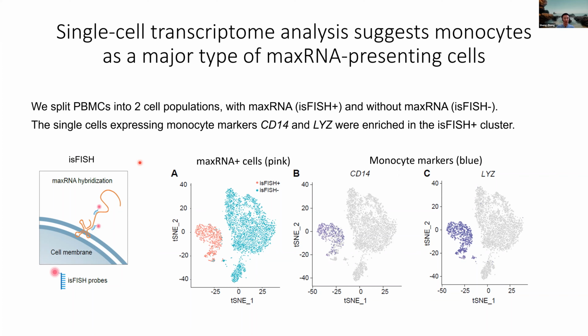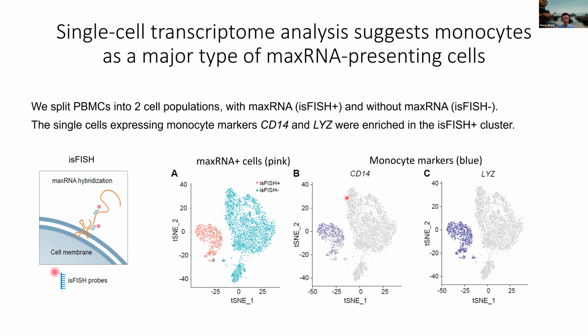One pool is what we call IS-FISH plus, those pulled down by FACS with positive fluorophore signals. The rest are the negative, which presumably don't present any putative surface RNA signal. We then subjected these two pools of cells to single cell sequencing, and a t-SNE plot seemed to separate these two pools of cells, which is desirable to us.